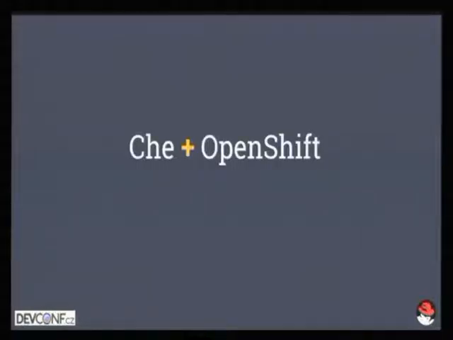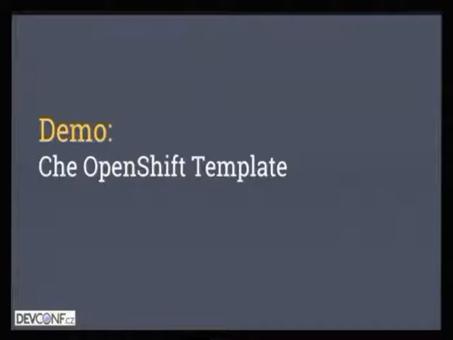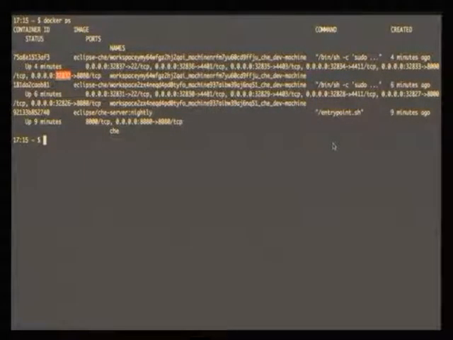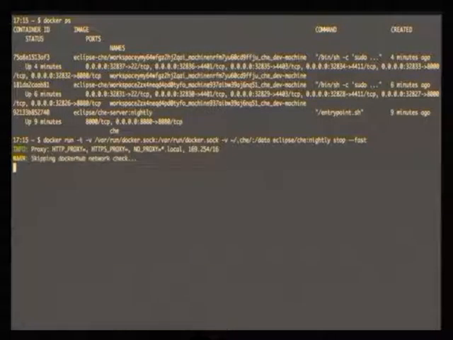So for these three reasons, we will need to deploy a privileged application for Che. But that's not a big deal, so we are going to demo it. So let's just stop the Che that was running on Docker, and let's now start it on OpenShift.